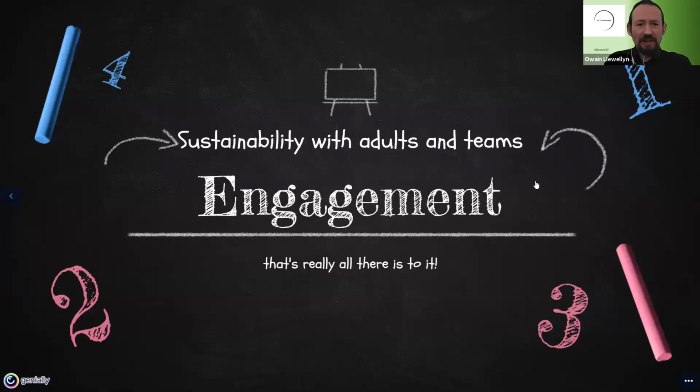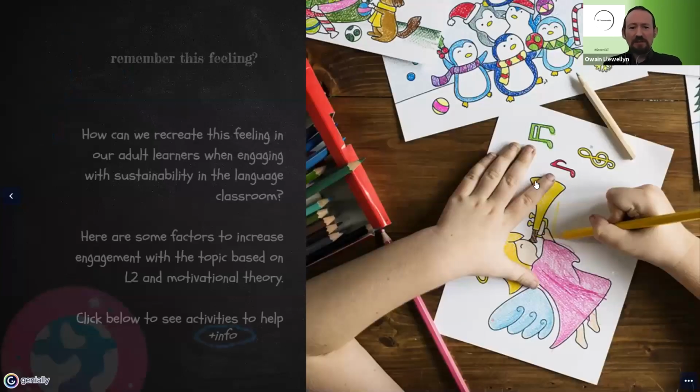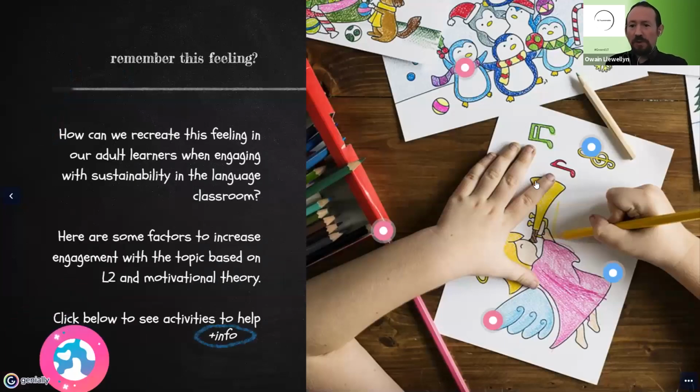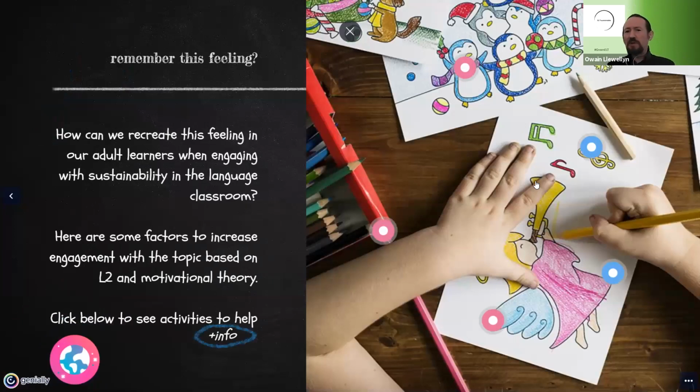We want to recreate this feeling. I mean, do you remember feeling like this in the flow, engaged in your classes at school? For adults, it's slightly different. We want to achieve the same thing. So how can we do it?